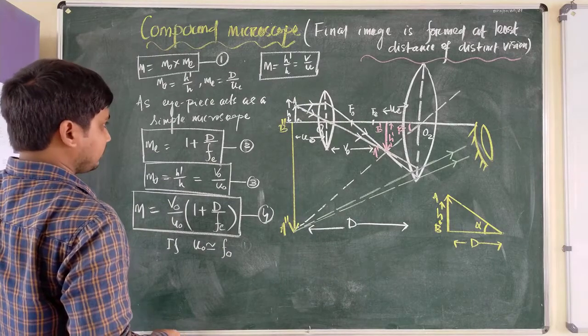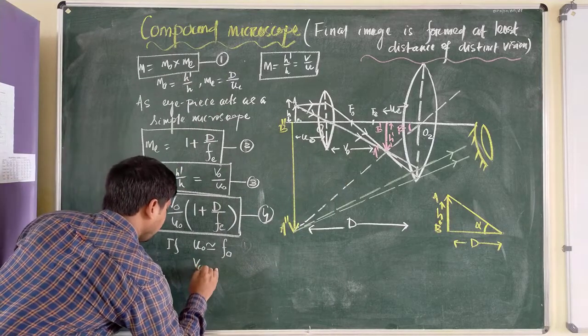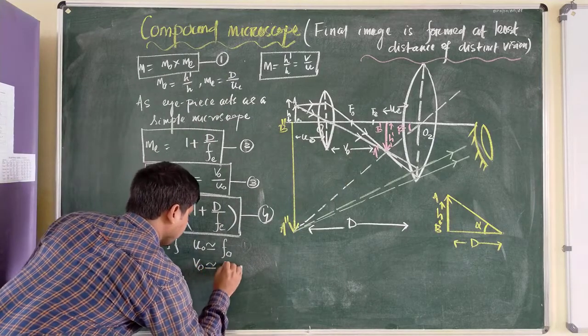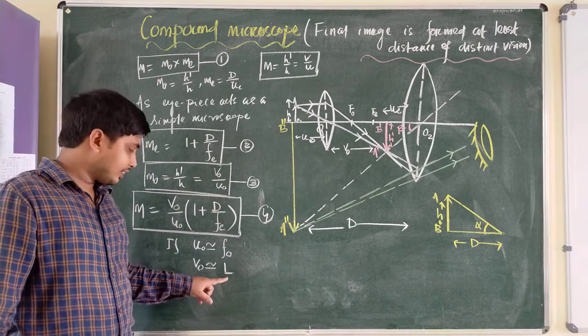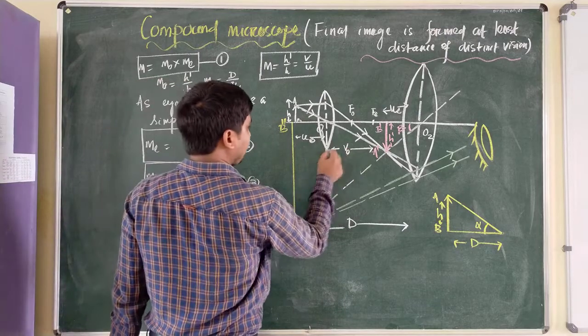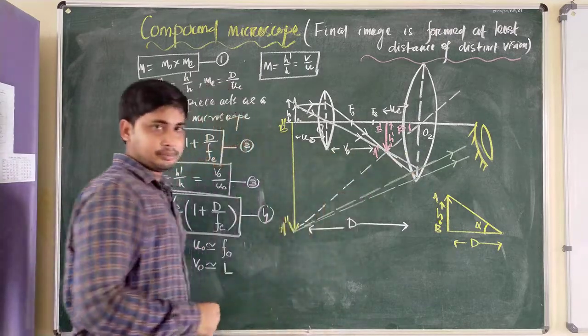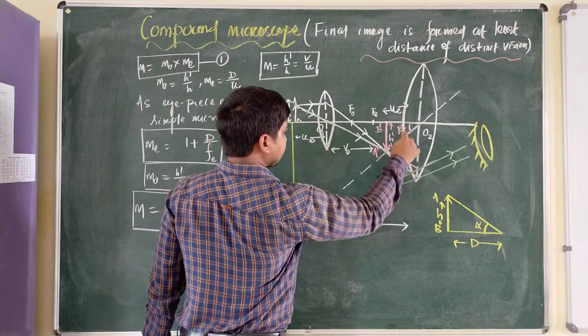our image distance VO will be equal to L. L stands for the length of the tube. Length of the tube means the distance between the eyepiece and the objective, because this image will be formed very close to the lens, somewhere here.